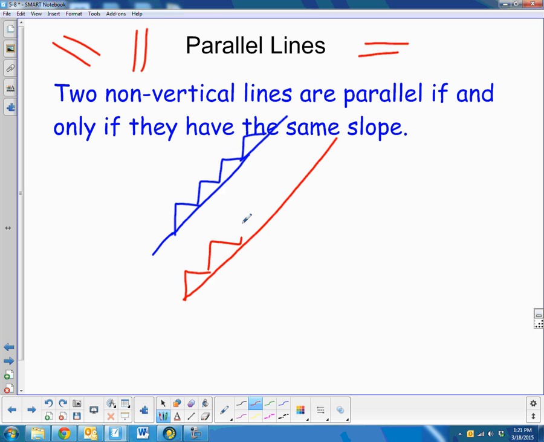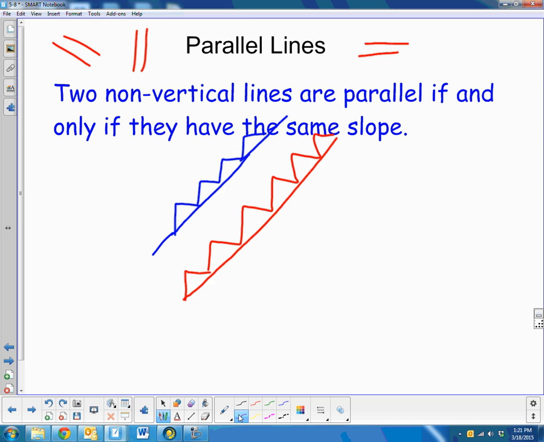So if we have two lines that have the same slope, they're going to be parallel because they both rise the same amount and run the same amount over and over again, and they end up being parallel lines.